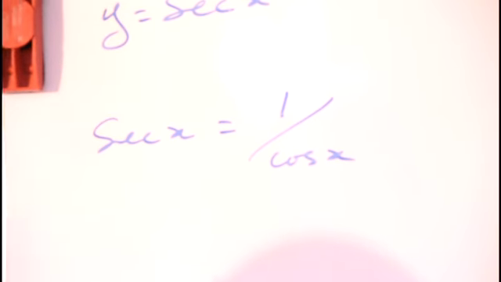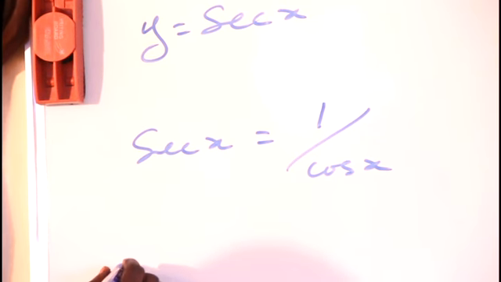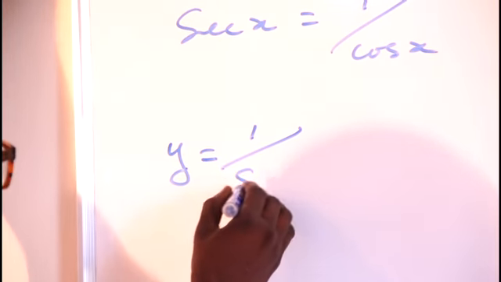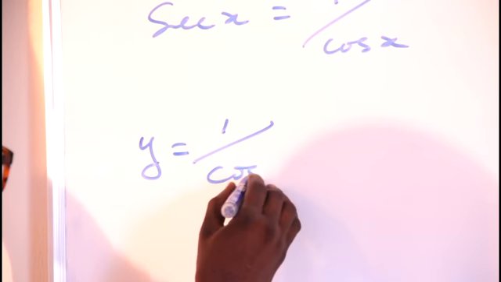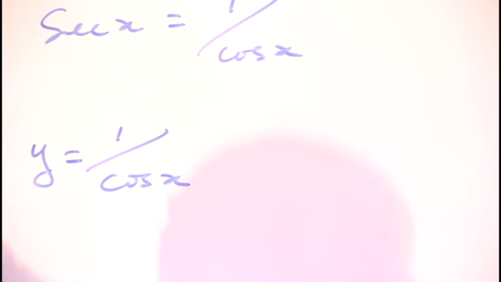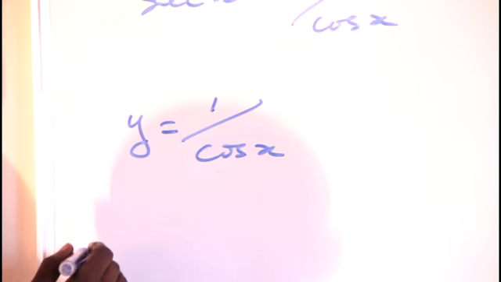So we can easily substitute this value into the above equation. We'll end up having y equal to 1 over cos x. Now we can apply the quotient rule.